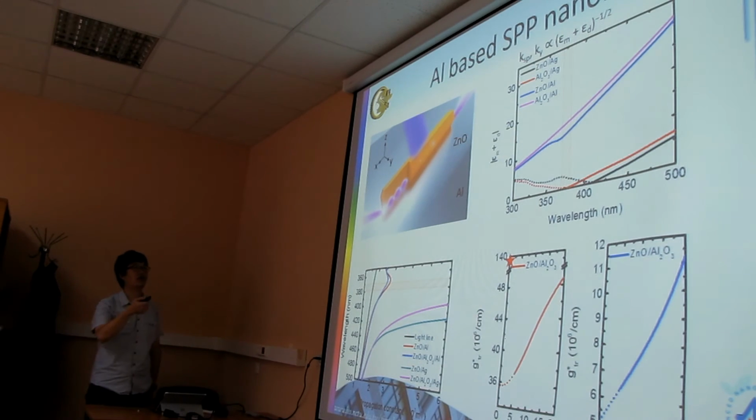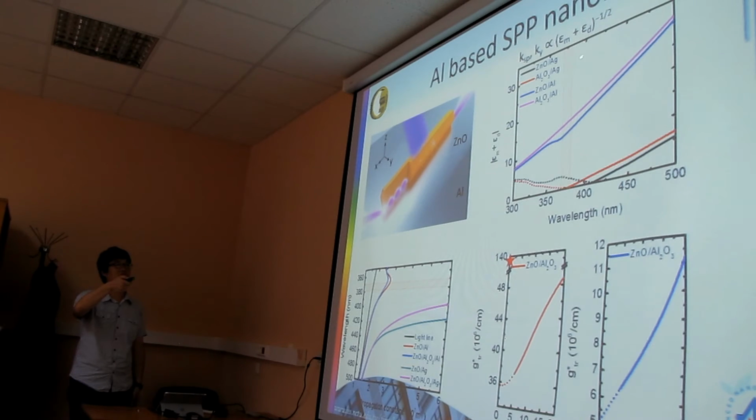However, if we choose the right matchup of the metal and dielectric layer, the combination of epsilon m and epsilon d will no longer be imaginary.